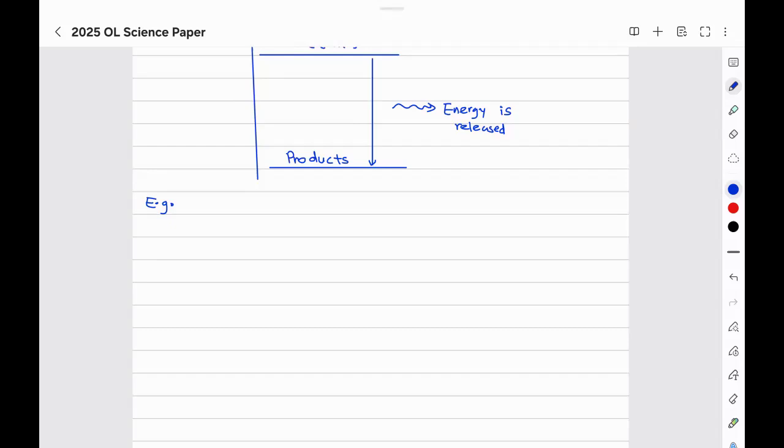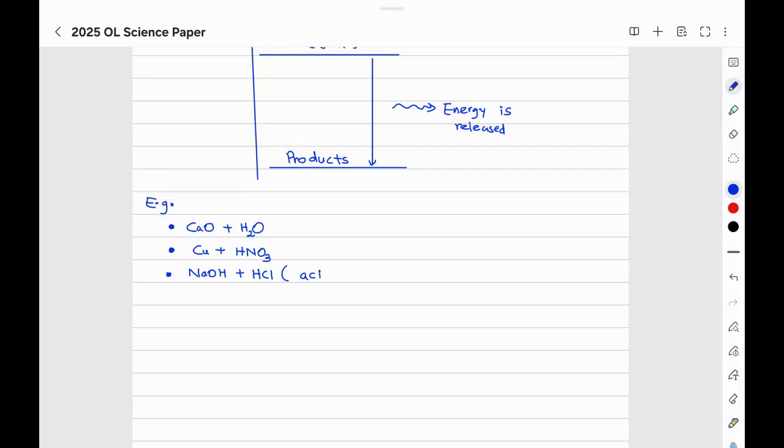I'll summarize everything here. Calcium oxide is reacting with water. Calcium oxide is quicklime. It is reacting with water and producing calcium hydroxide, lime water. It's an exothermic reaction. Then copper is reacting with HNO3, right? It's an exothermic reaction. And remember, sodium hydroxide with HCl, these are known as acid-base reactions. All the acid-base reactions are exothermic reactions.